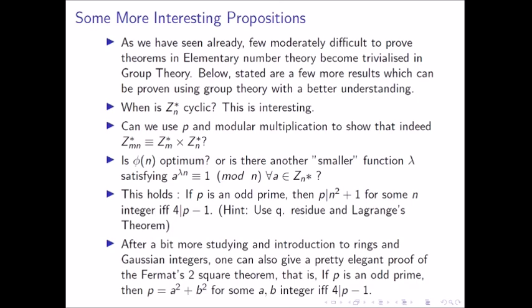The theorem states that if p is an odd prime, then p is equal to the sum of two integer squares if and only if p is of the form 4k plus 1, or 4 divides p minus 1. You can see that this divisibility property relates these two propositions, and indeed we use this proposition over here to prove this. But this is a bit high level.